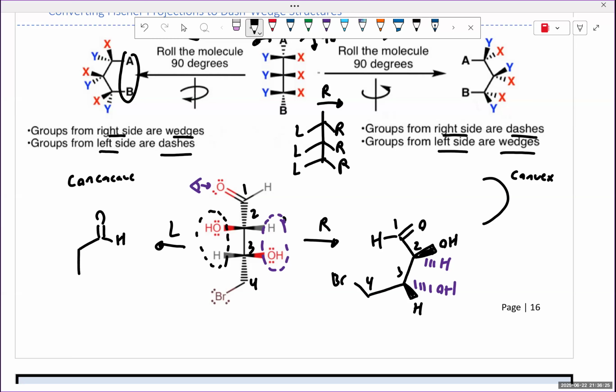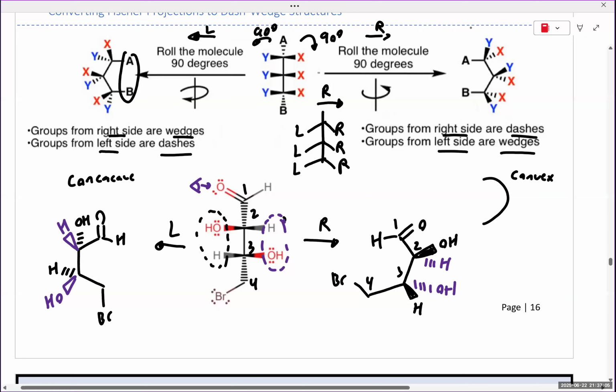So we have our aldehyde, our two substituents, and then the carbon attached to the bromine. In this case, all the groups on the right side get a wedge. So this time, the hydrogen and the alcohol are wedged, while the alcohol on carbon 2 and the hydrogen on carbon 3 are dashed. So these are two ways to redraw and convert Fischer projections to dash wedge notation.